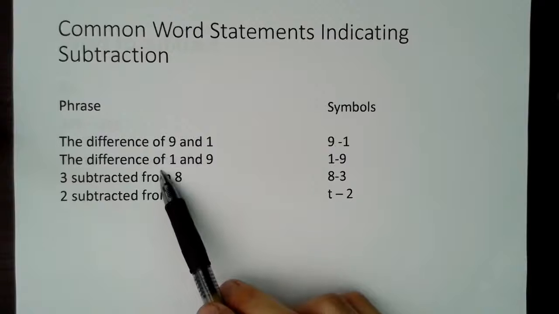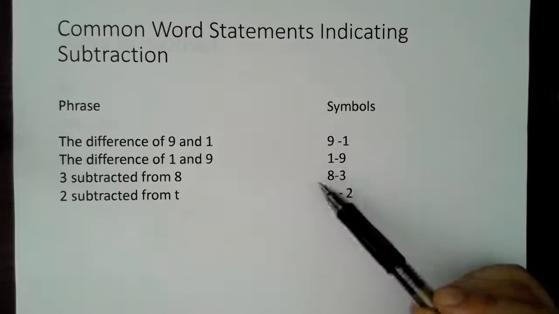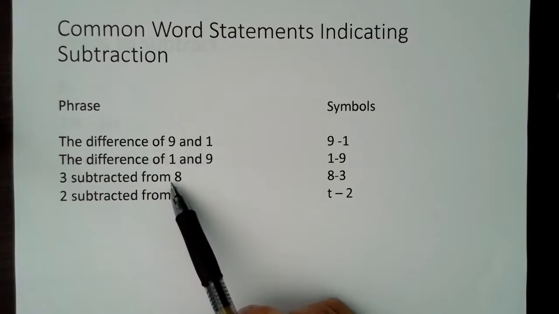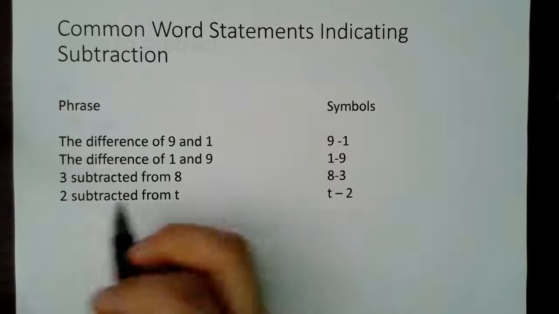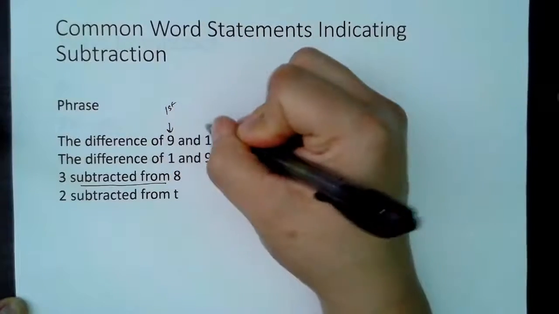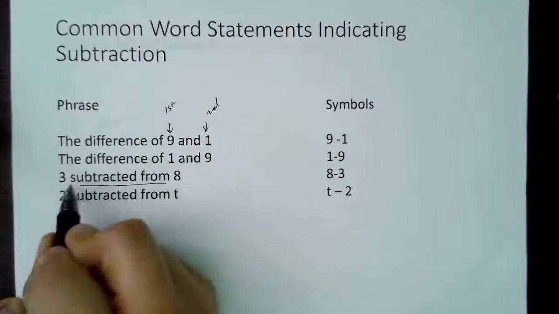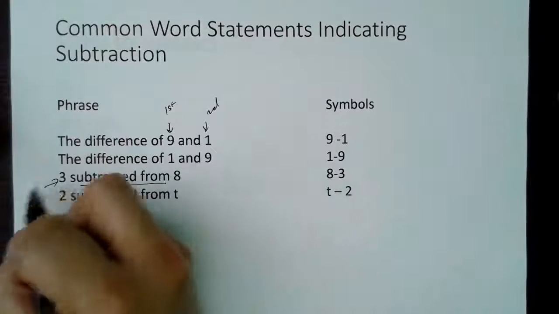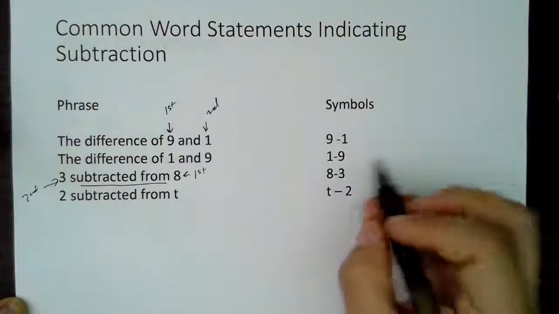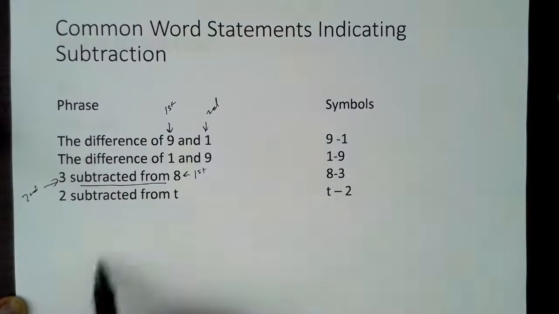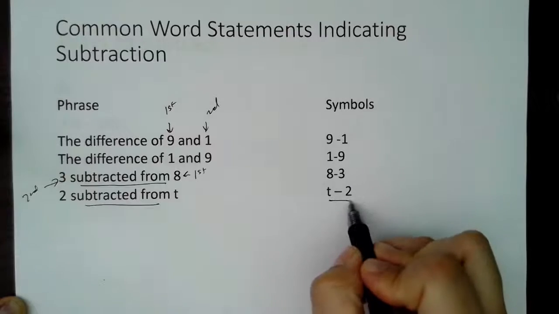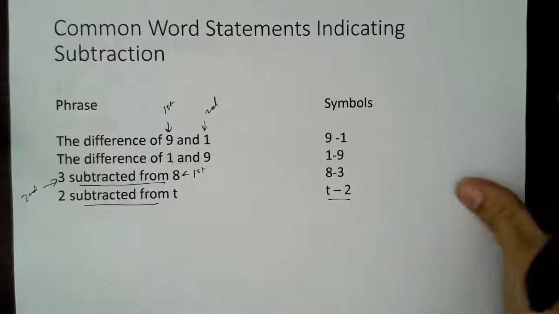The difference of 1 and 9, 1 would come first and then 9. 3 subtracted from 8: with subtracted from, this one comes second and this one comes first. So it would be 8 minus 3, and 2 subtracted from t would be written as t minus 2.